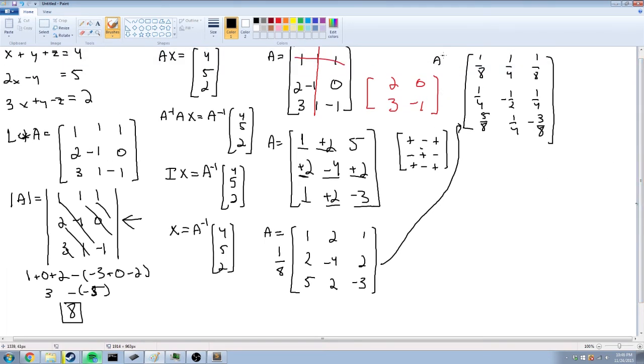So this is the inverse of A. So A and the inverse of A would have to look something like this. So we have A, which is 1, 1, 1, 2, negative 1, 0, 3, 1, negative 1, times this.